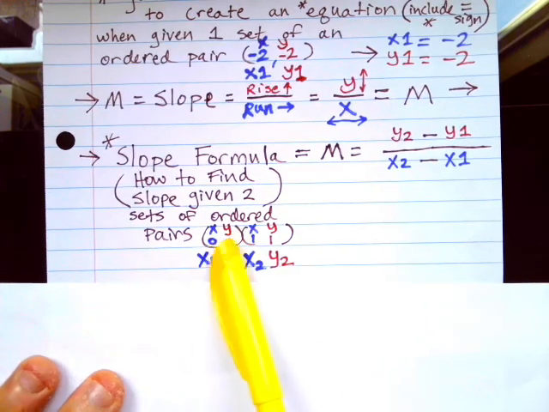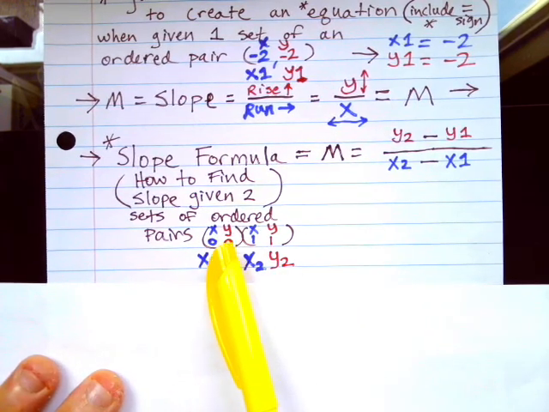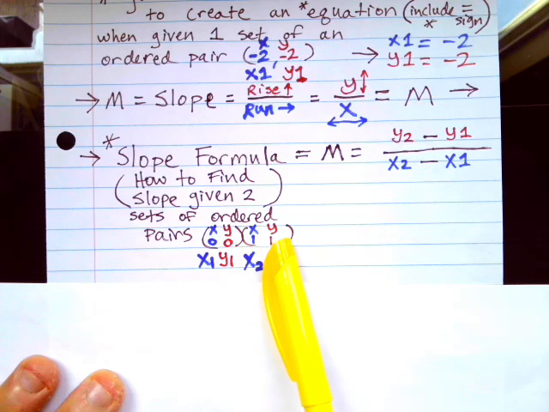So given 2 ordered pairs, x is 0, y is 0, and x is 1, y is 1, you can label this x1, which makes this x2. Automatically that becomes your y1 because it's associated with the x1, which automatically makes this your y2.